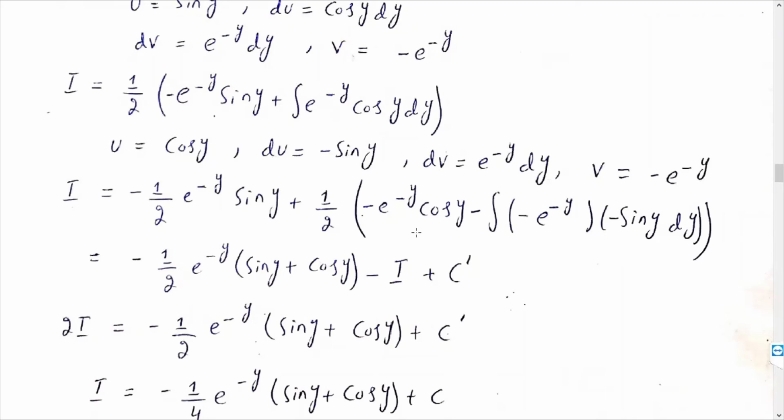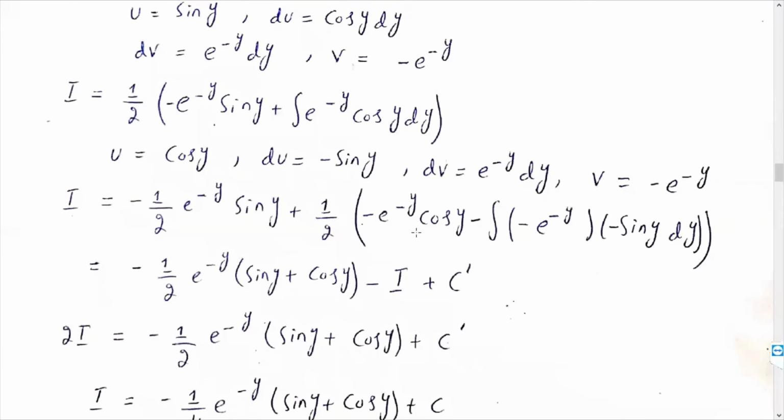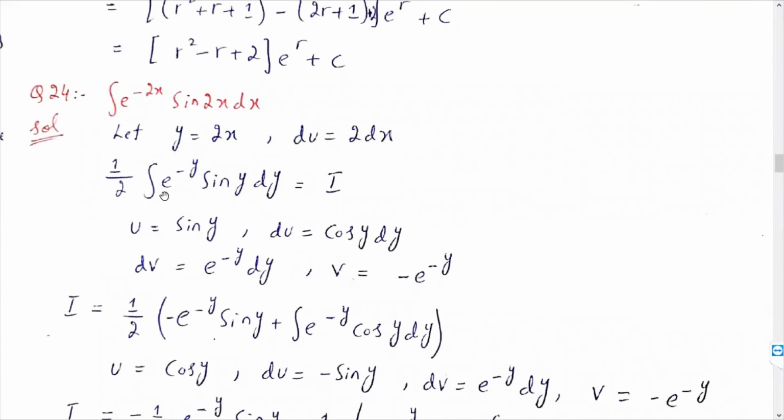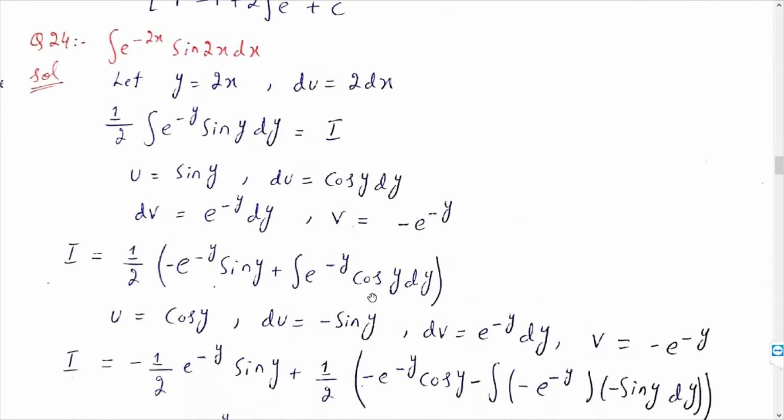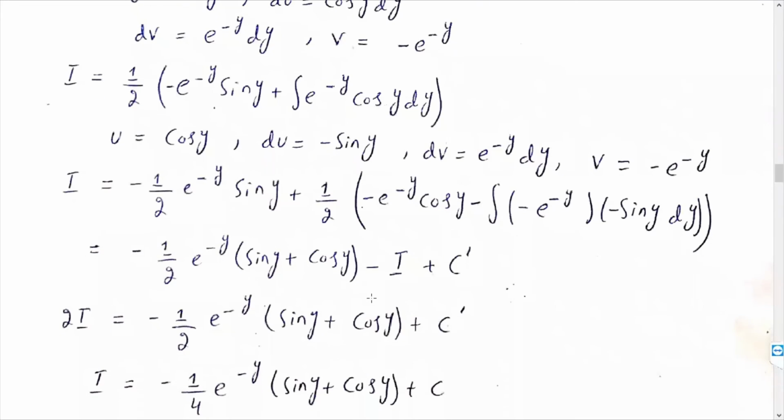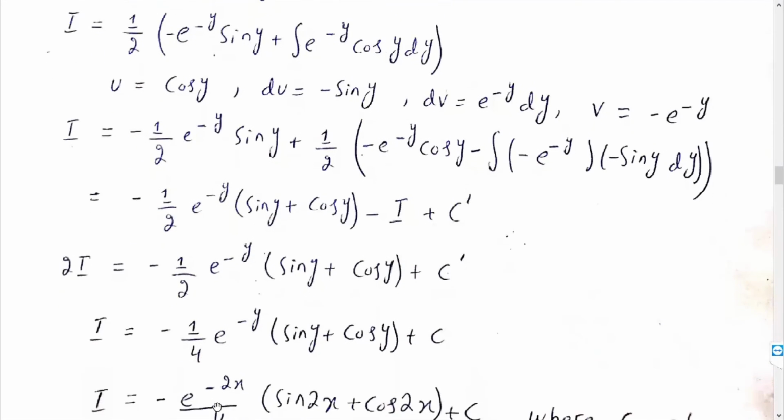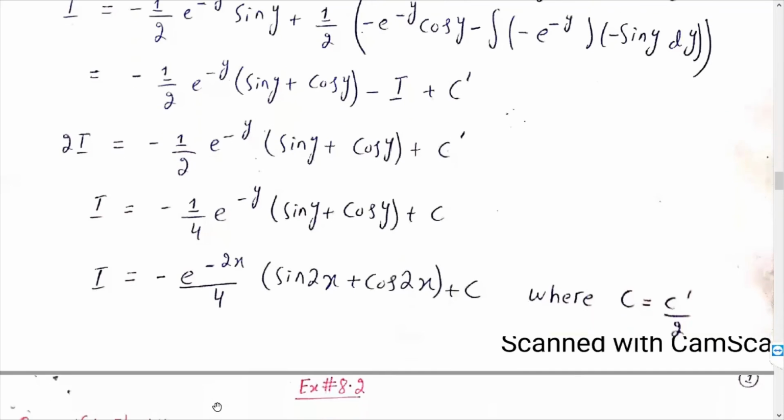After simplifying it, we can see that we are getting this expression again. As we have solved this expression, this is equivalent to I, so I have replaced it with I. I is already on the left side, I is on the right side. Taking I to the left side, I get 2I equals to this expression. Taking 2 to the right, I get this expression. So we get this answer.